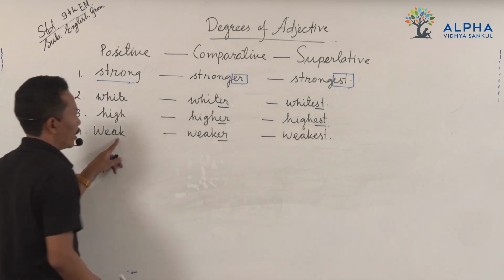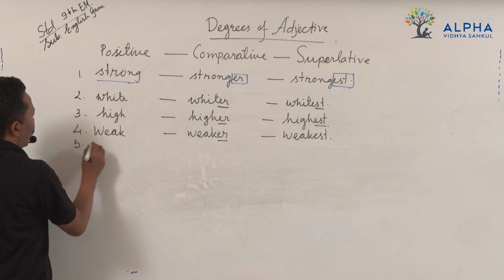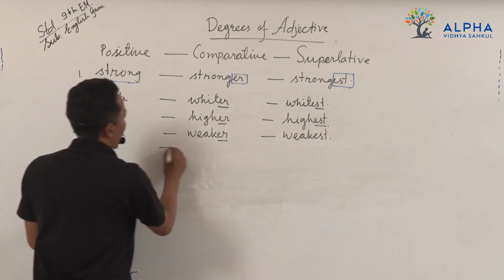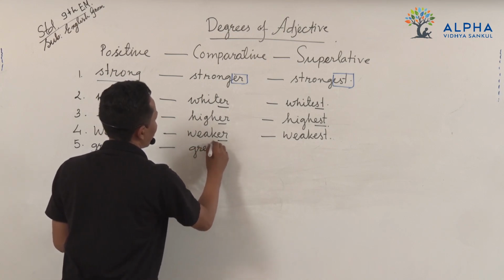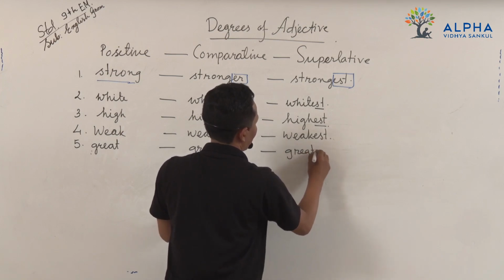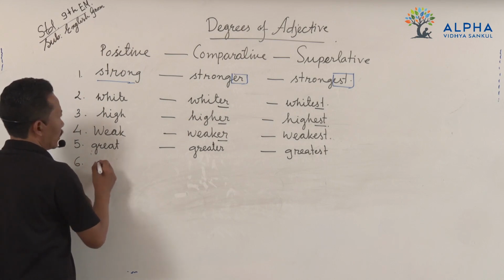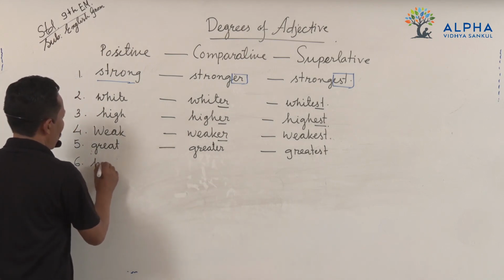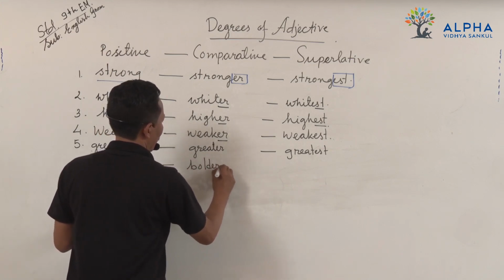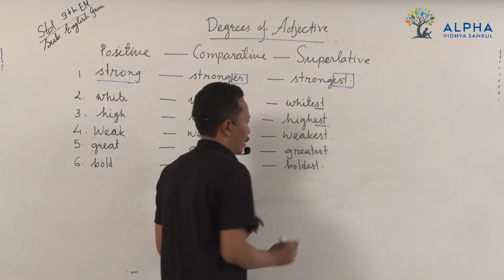Okay, now see, we put er and est. I'll give you more examples. Great, greater, greatest. Then bold, bolder, boldest.